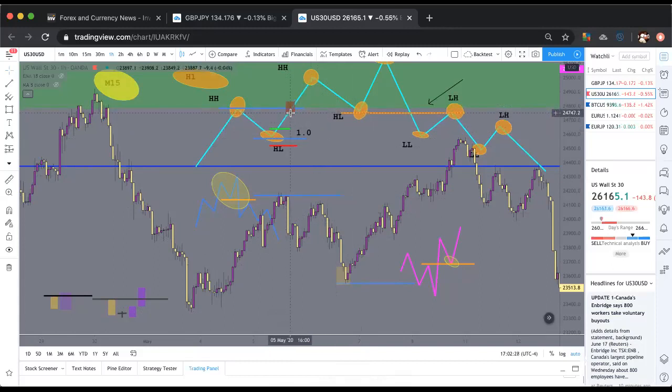Your breaks would be in areas like this. What those breaks would look like is if I hit a previous level of resistance or previous level of support. So this is where you would see your breaks.